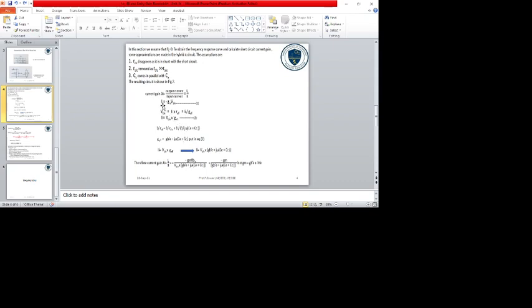Then IL is equal to gm into Vb'e, where Vb'e is equal to the product of input current and effective resistance. Here the effective resistance can be expressed in terms of effective conductance.